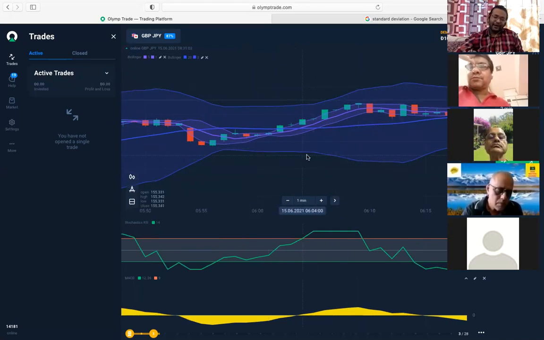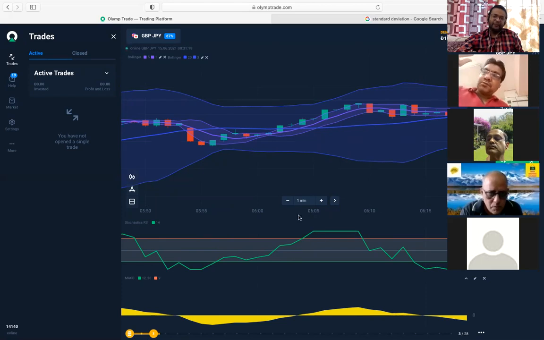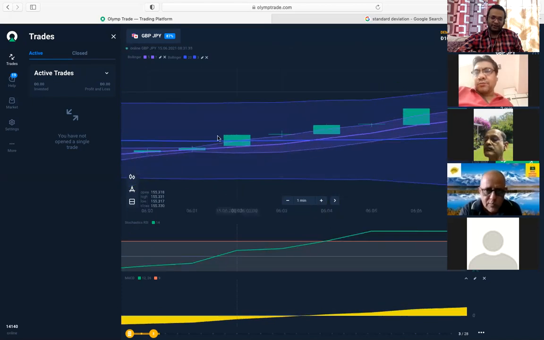When the stochastic RSI crosses this upper 0.8 line and moves higher, at the same time the slope of this histogram is also going upwards, this entire slope is going upwards, and the candle is just crossing standard deviation 1.